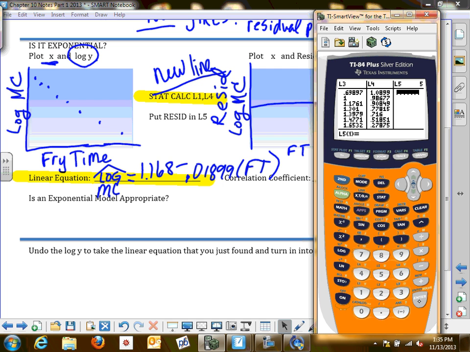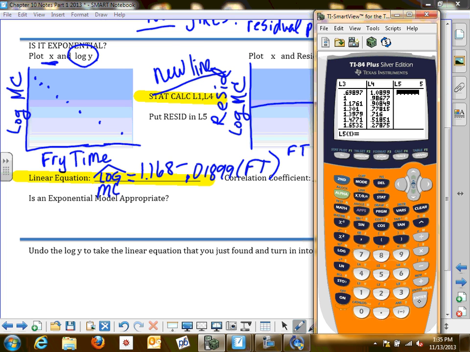Go up to L5 and hit clear, enter. Deleted L5. Okay, important question: why, when I do resid on L5, is it going to give me different numbers than before?